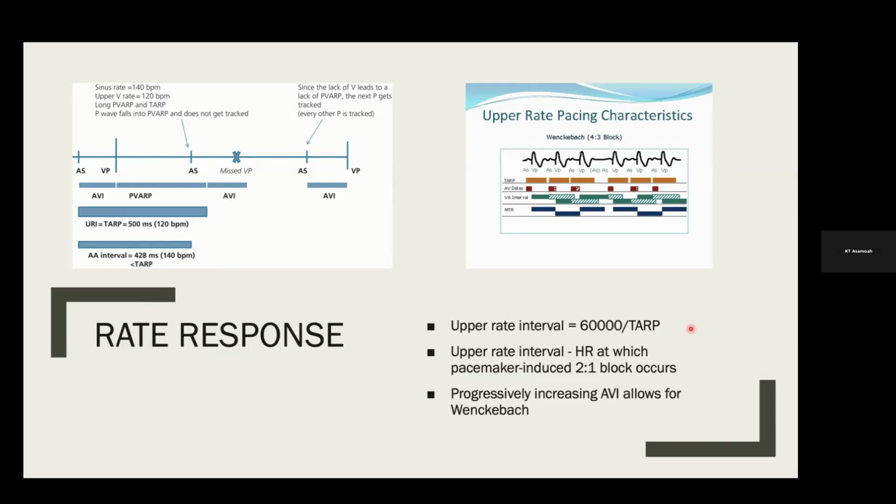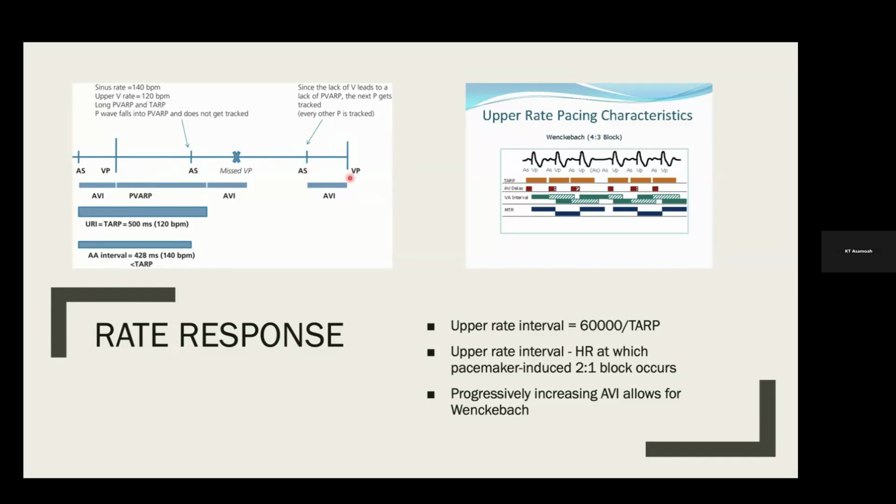But you remember that during the PVARP, the lead can sense, but it does not act. So it speeds up to a point that eventually the atrial impulse falls within the PVARP. And once it falls within the PVARP, the pacemaker can't respond to it. So then nothing happens, and you have this atrial sense. So in effect, you have atrial sense before ventricular pace, and that will go on, and this gives you a 2-to-1 pacemaker block.